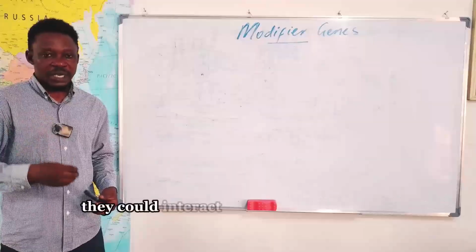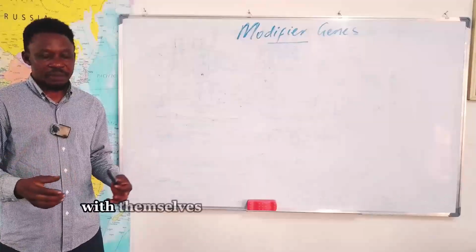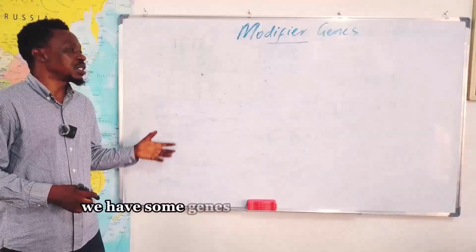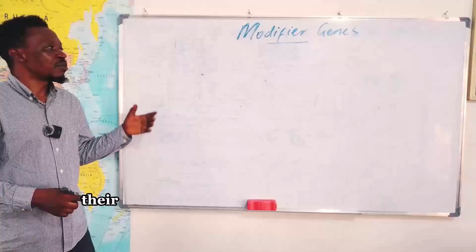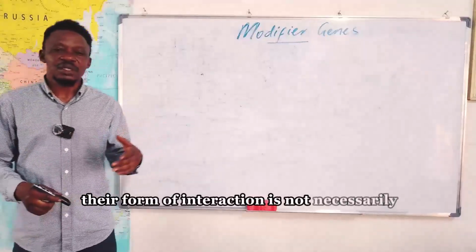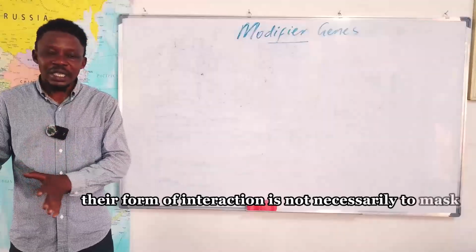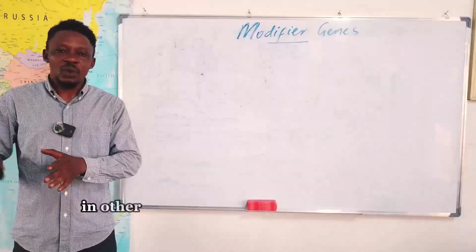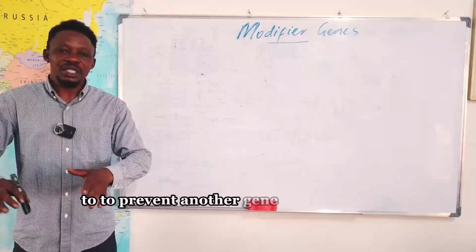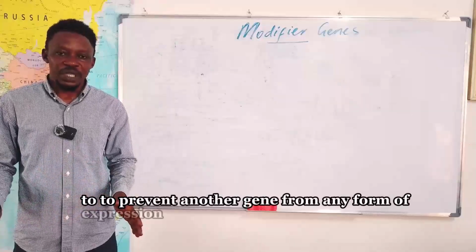They co-interact with themselves. So in this case, we have some genes whose form of interaction is not necessarily to mask another gene, in other words, to prevent another gene from any form of expression.